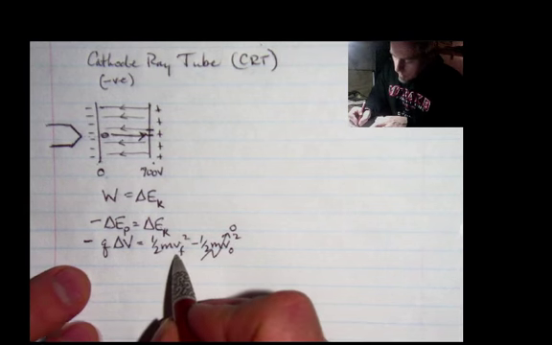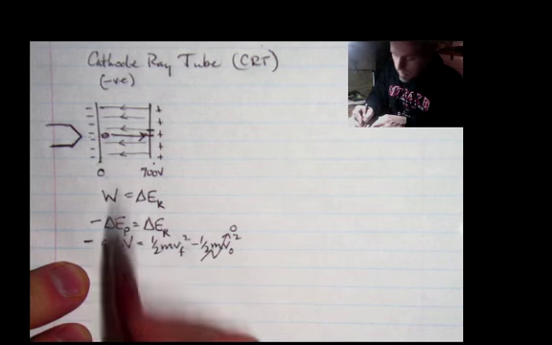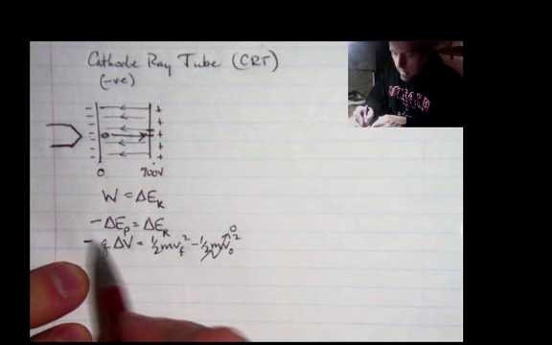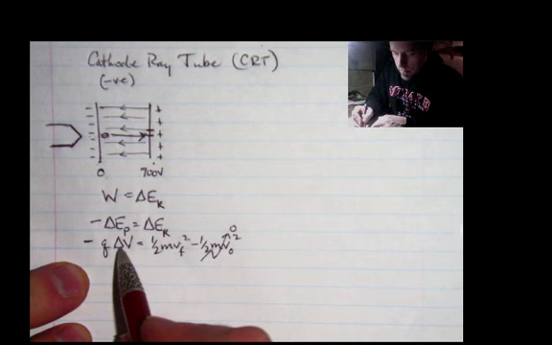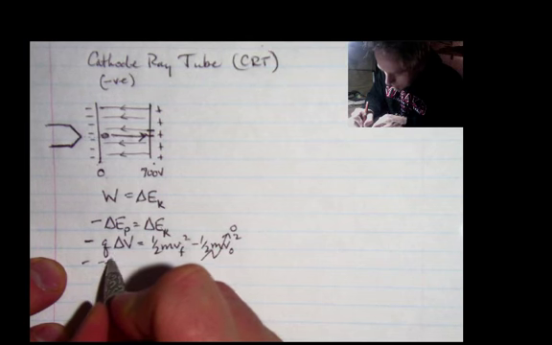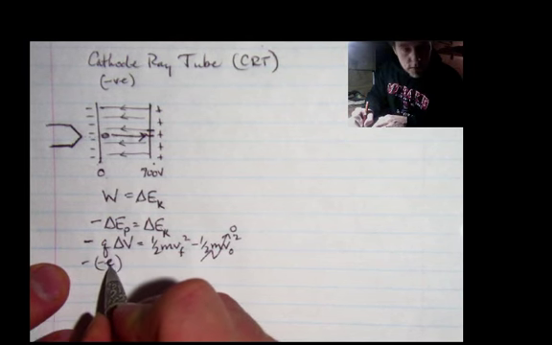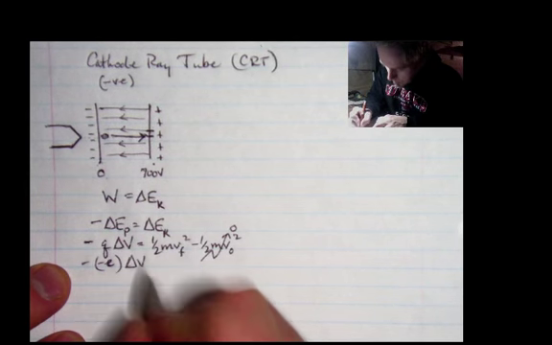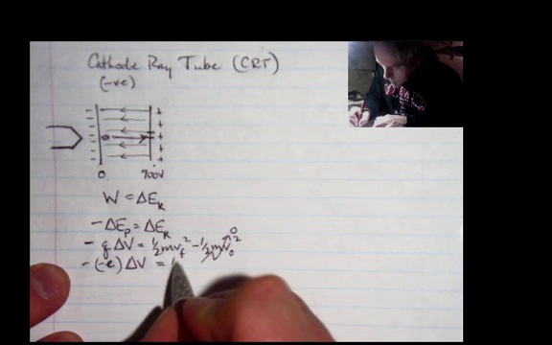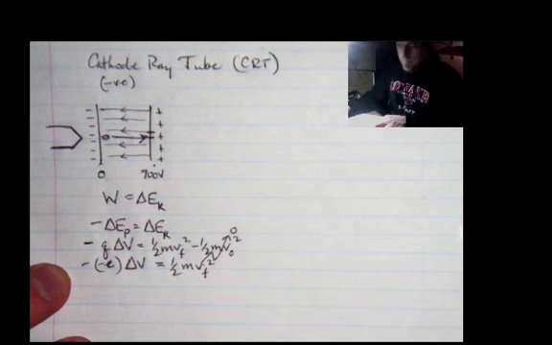So now I have an equation where if I take the charge of the electron and plug it in here, it's a negative charge, and a negative of a negative becomes positive. So we have the negative of the elementary charge times the potential difference equals 1/2 mv final squared.